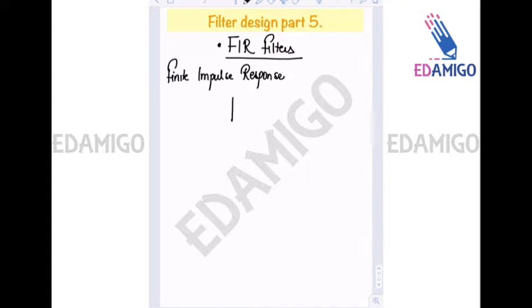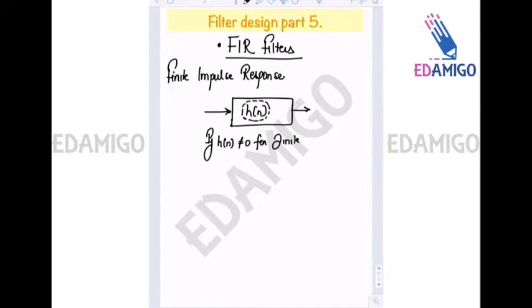So if we have any system which is a digital system or a discrete system having impulse response h[n], and if h[n] is non-zero for finite values of n only, then it is an FIR filter. Okay.